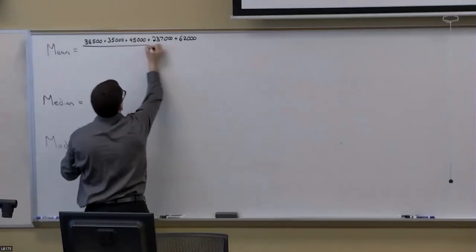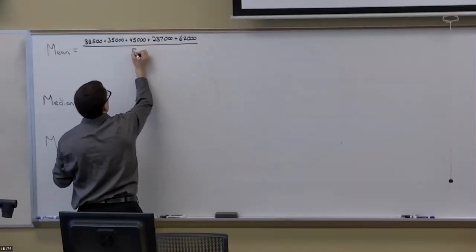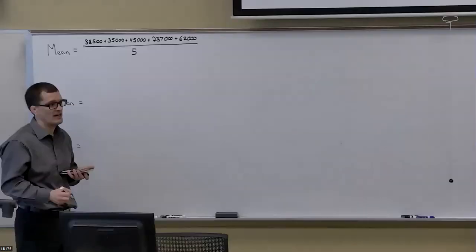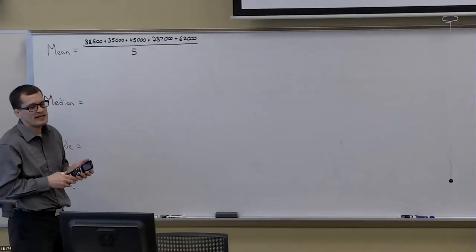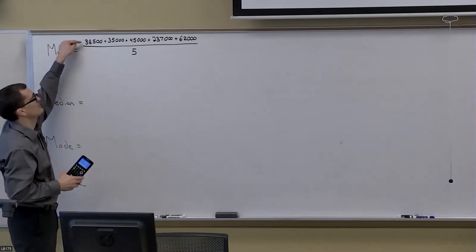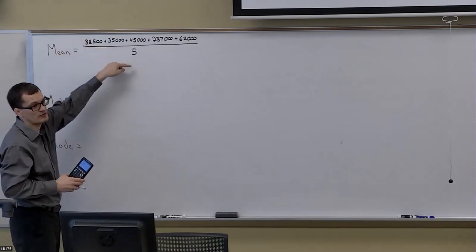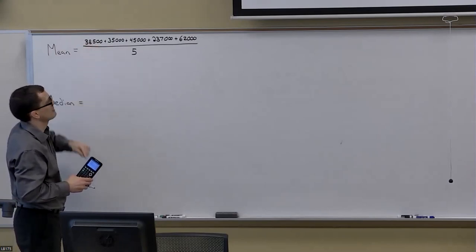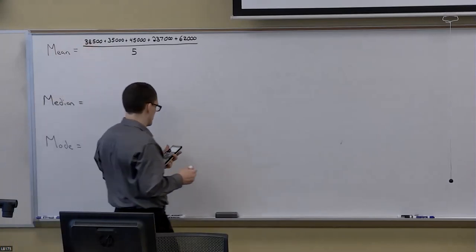All up. And because there were 5 numbers in the data set, after I added those things up, I divided by 5. Now, make sure that you add up all the numbers before you divide.